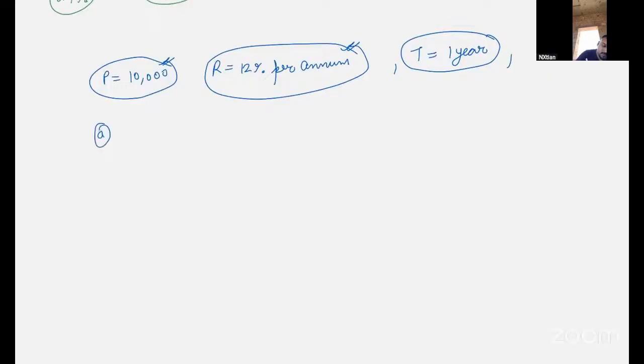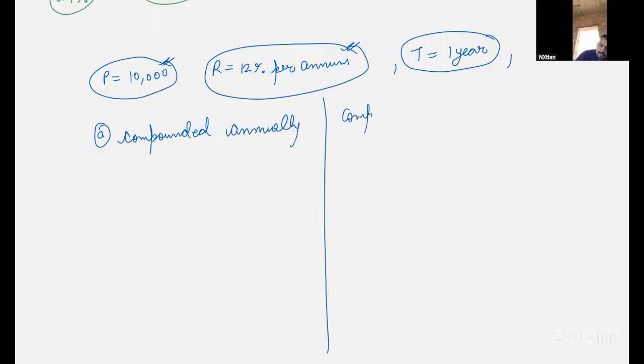And you have to calculate. First is compounded annually. The second one is compounded semi-annually.